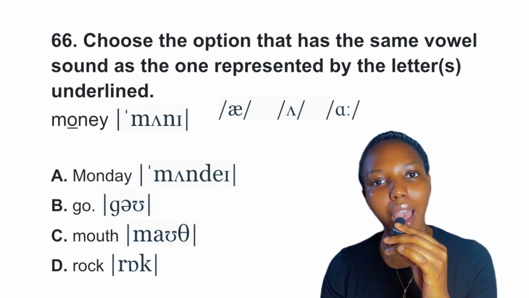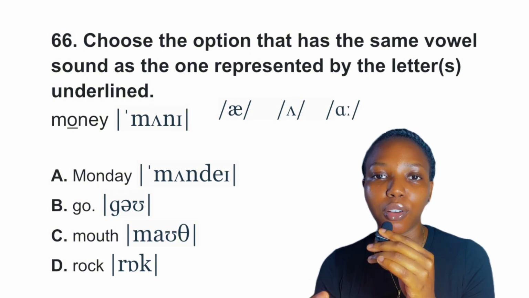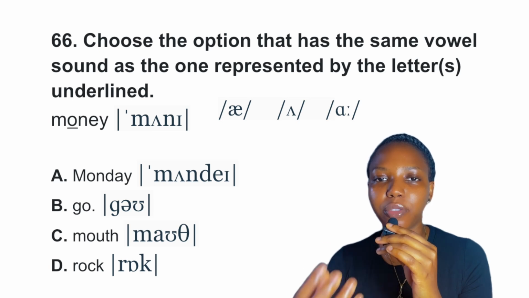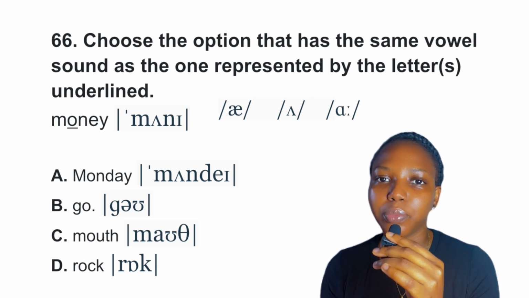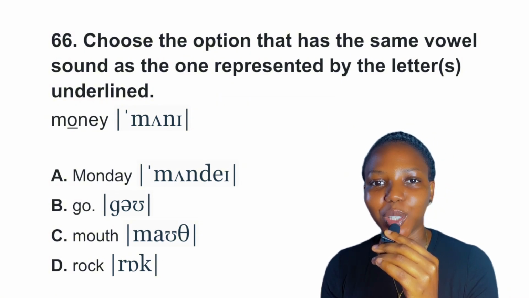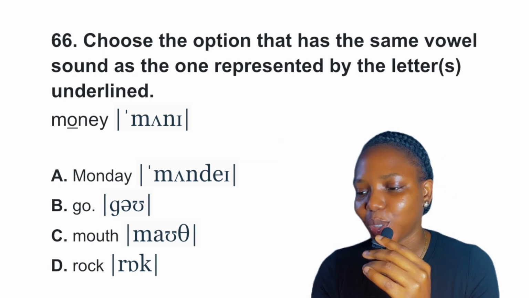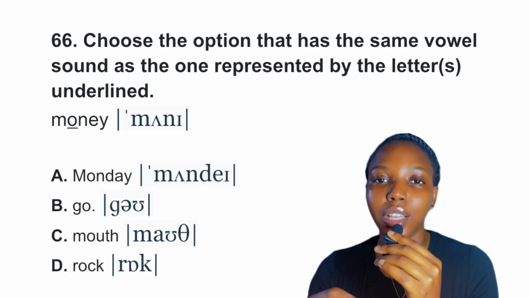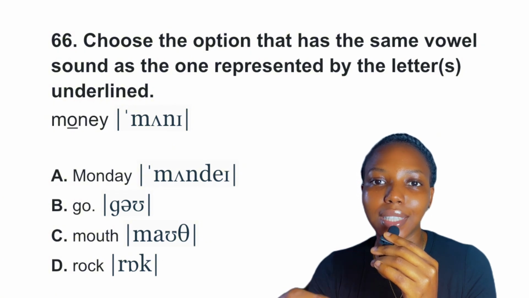Most times people get confused with this sound, so I want you to be familiar with it and know the difference. So we are looking for uh. The answer to this question is option A, because the letter O in Monday is also pronounced as uh.